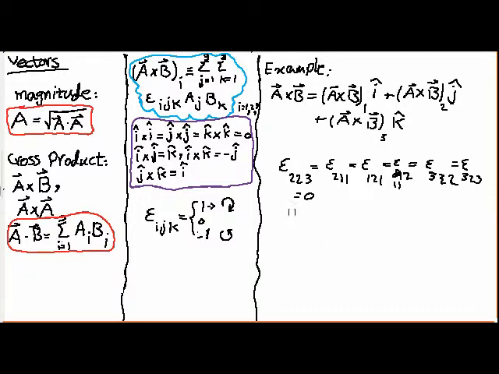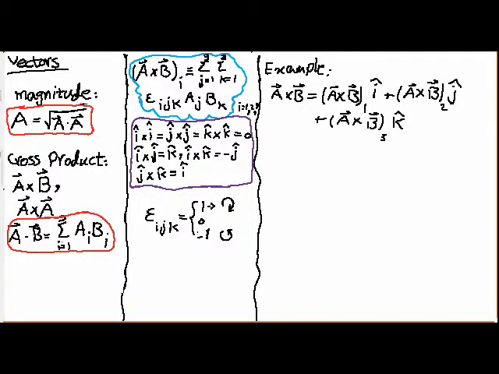Before that I need to erase these, so bear with me please, and I'll try to be as quick as I can. Okay, so now you understand what epsilon is, right?